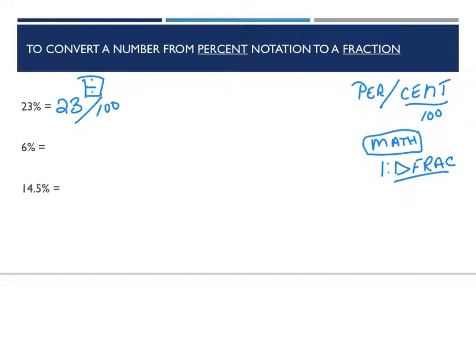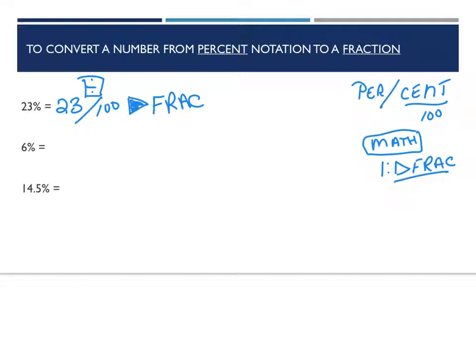Then I need to hit enter, and when I hit enter on my home screen, next to my 23 over 100, it'll put that command, the arrow and the word frac, and that means for 23 over 100, I want it to give me a reduced fraction answer.